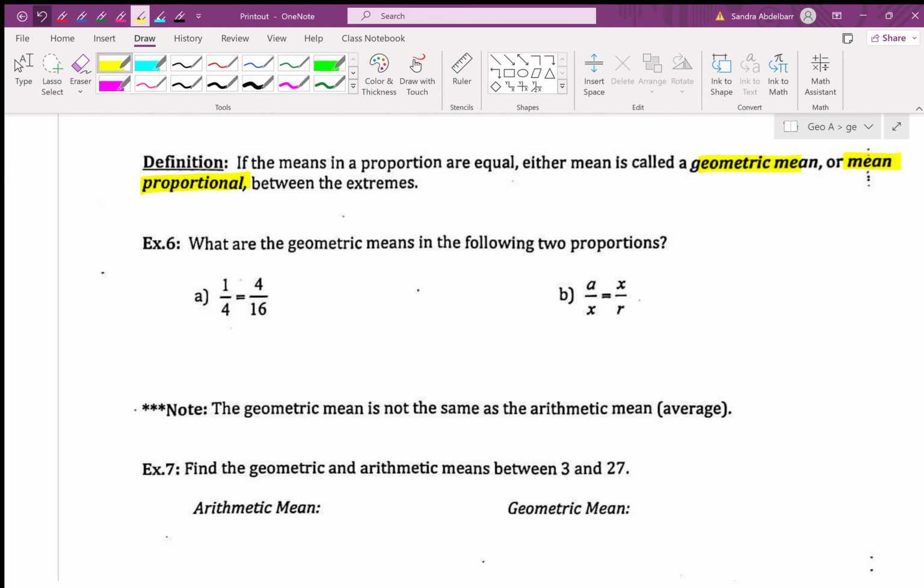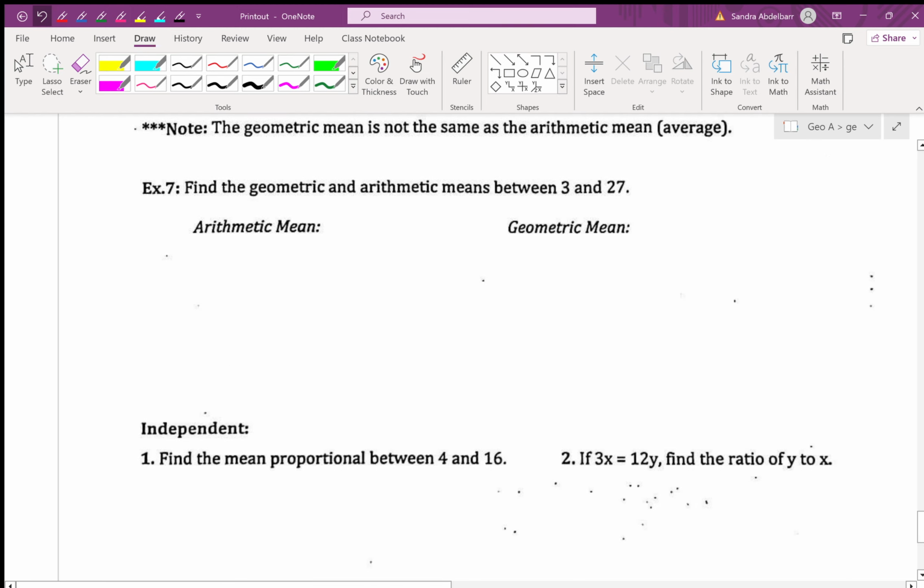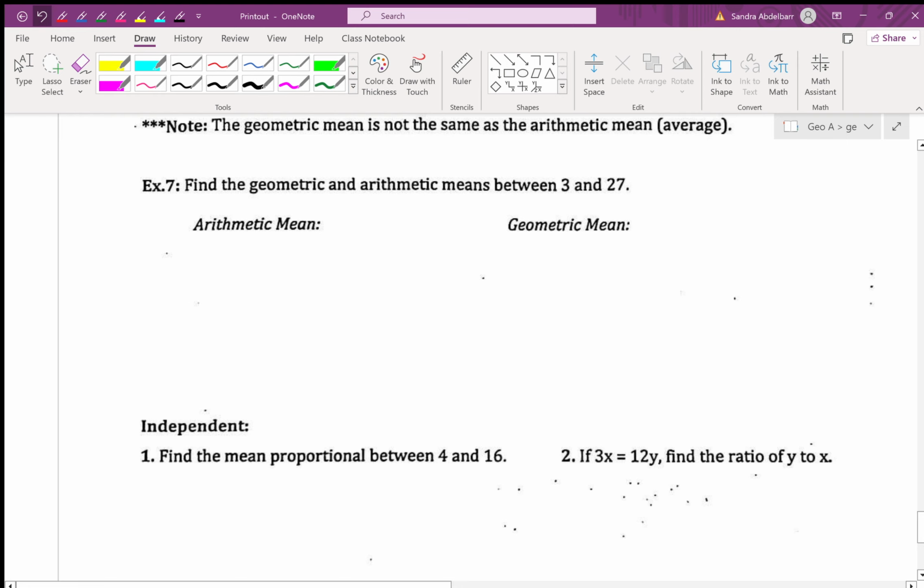Now, we've heard that word mean before. Where else have we heard in mathematics the word mean? The average, exactly. Now, an arithmetic mean is very different than a geometric mean. So let's see the difference. When we're finding the arithmetic mean, you take the average.